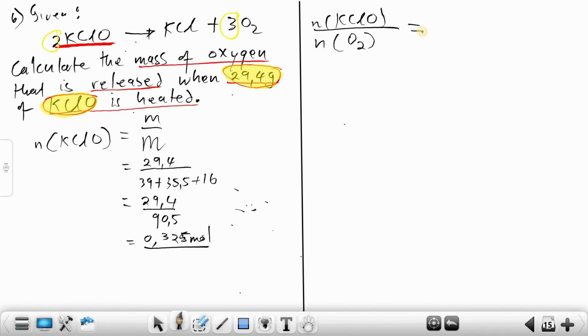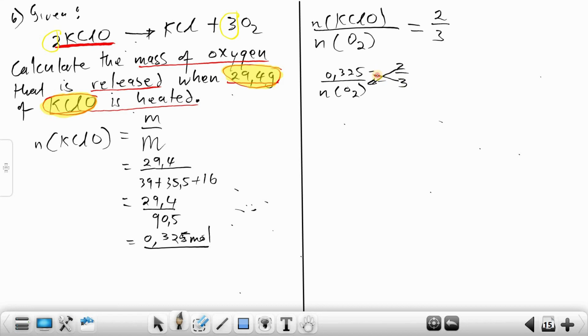So what is the coefficient of KClO? It's 2. What is the coefficient in front of oxygen? It's 3. What is the number of moles of KClO? It's 0.325 divided by the number of moles of O2, which is equal to 2/3.